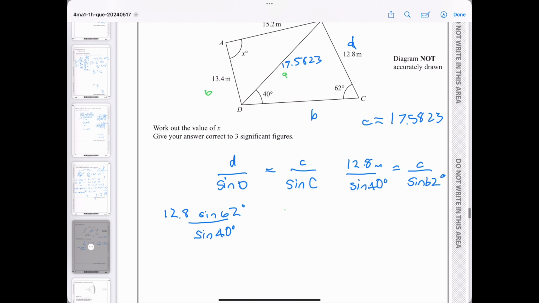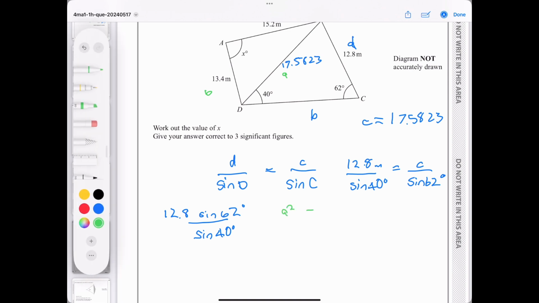So the cos rule is little a squared equals b squared plus c squared minus 2bc cos A. Unfortunately, we know everything except for cos A. So we would say 17.5823, etc. squared equals 13.4 squared plus 15.2 squared minus 2 times 13.4 times 15.2 cos A.